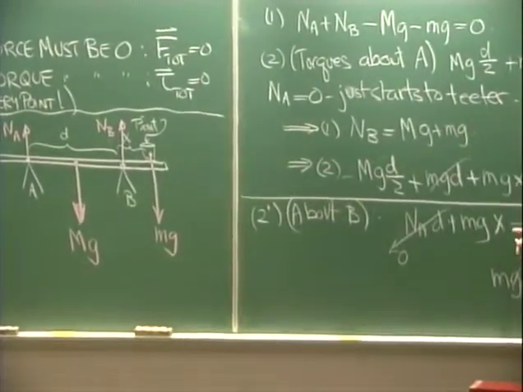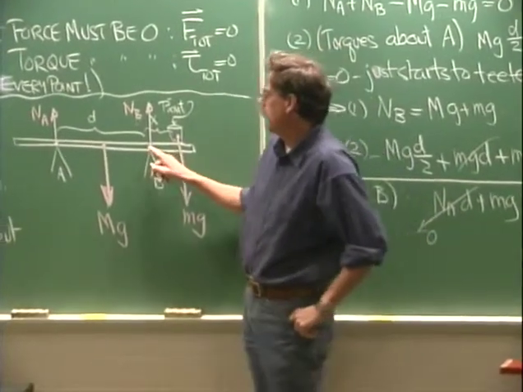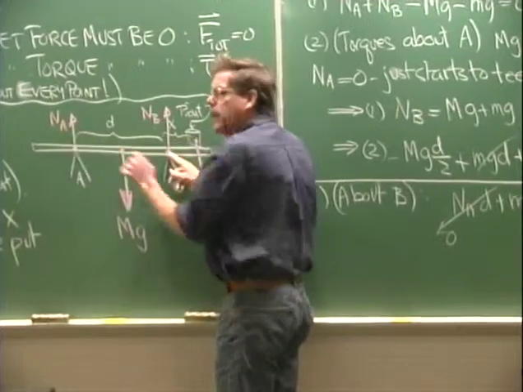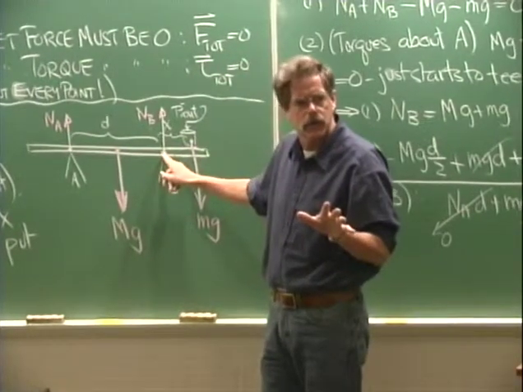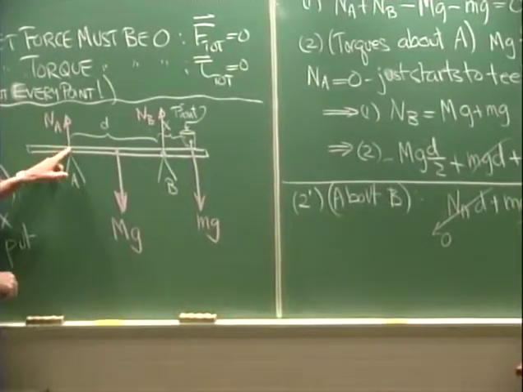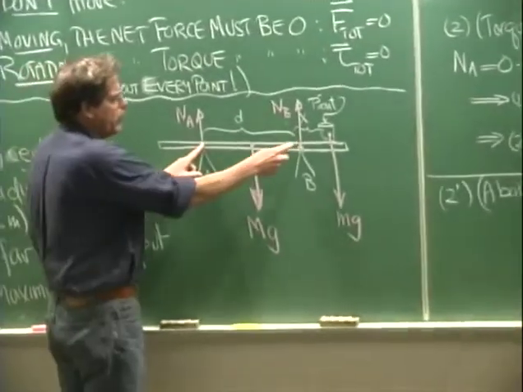We should have known in this problem that this would be a good point to calculate torques about, because then the only unknown force that contributes is NA, and that we happen to know is going to be 0 at the point where it teeters. If I did it about this point here, the trouble is that then the NA disappears, but NA is something I know something about.